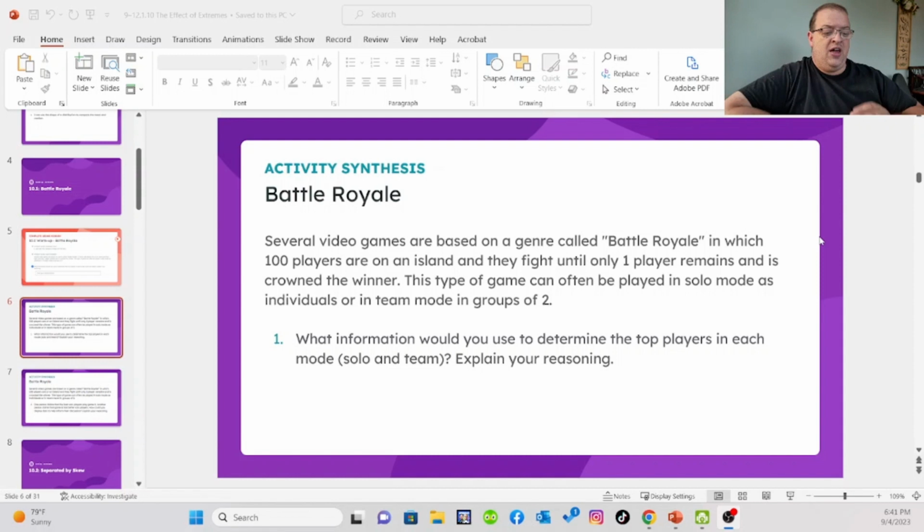However, that also allows someone to have a strategy where they spend the majority of the game hiding, come out at the very end, manage to defeat the one remaining person in the game, and then be declared the winner. Other people might look at this and say that, even though the end goal is to be the last remaining player, some people believe the better player is the person who beats the most other players.